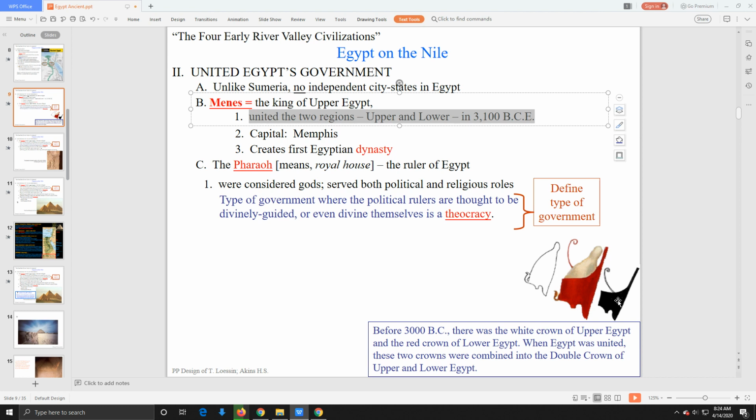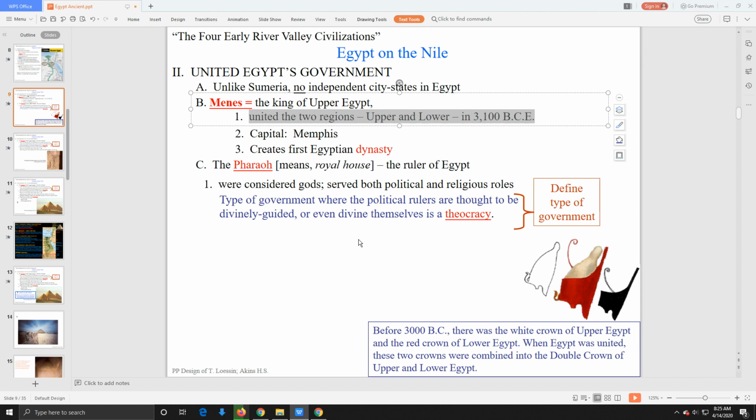That's the crown of Lower Egypt. They combine those two crowns together to make the double crown, which is here in the center. So whenever you're looking at the crown for Egypt, it's a double crown, a combination of both the Upper Egypt and Lower Egypt crowns. That gives you the double crown.